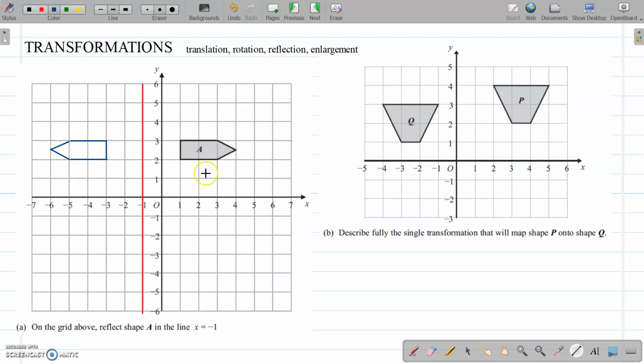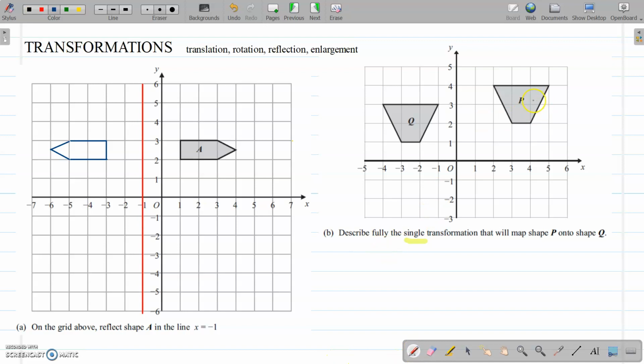Okay, in the next question I have a transformation already done, and I've got to describe fully the single transformation. Now it's really important when it says a single transformation, because what it means is you can't combine these. It's just got to be one of those four answers with its relevant information also added.